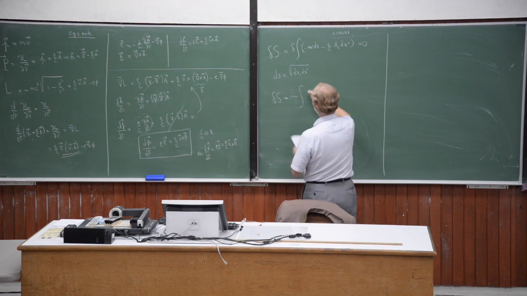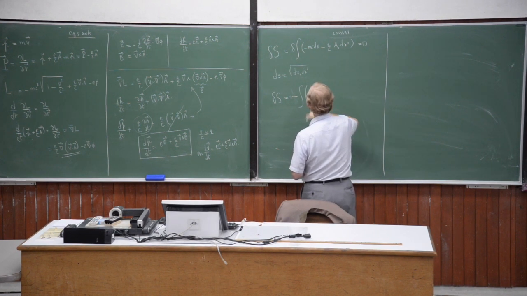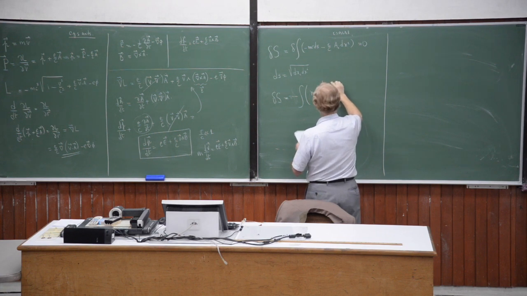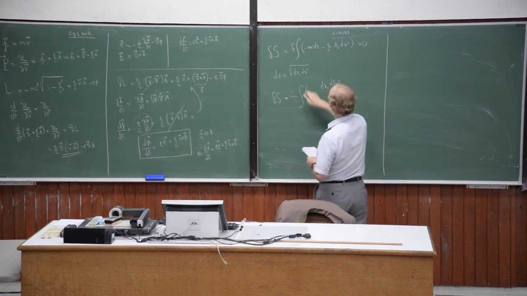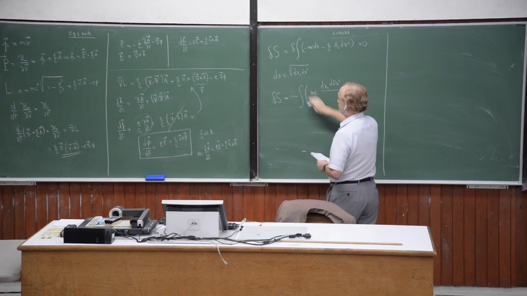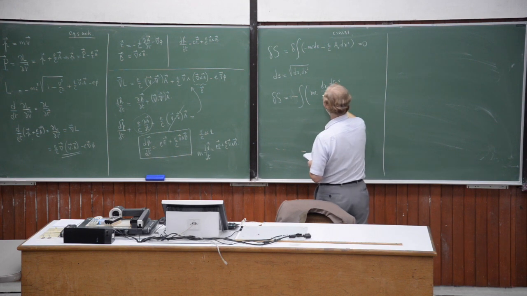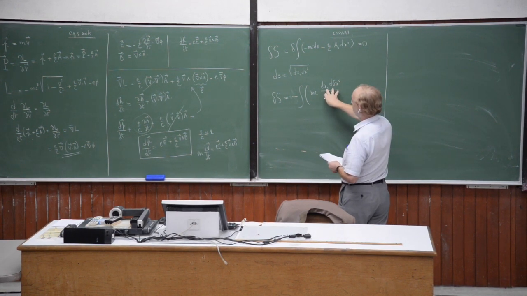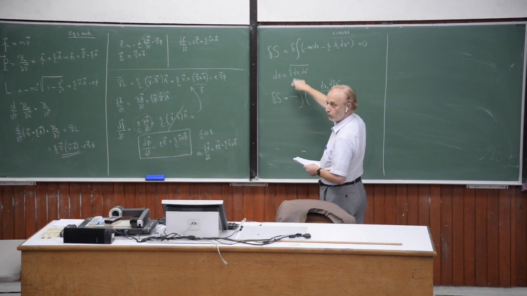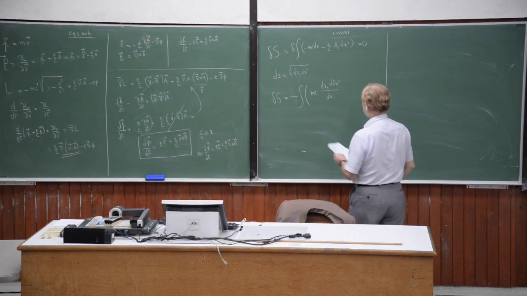So this is minus mc, now I'll have dx_i d delta x^i, square root, when I derive, it goes to the denominator. So I'll have here ds. Because I'm deriving it twice, the 1/2 also cancels out.